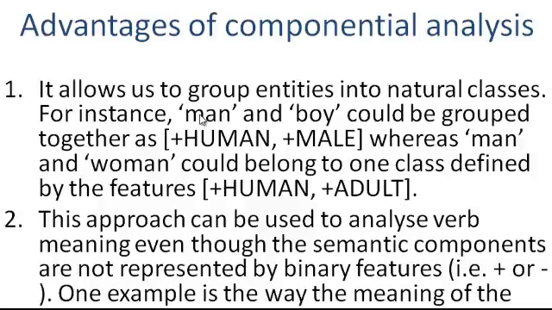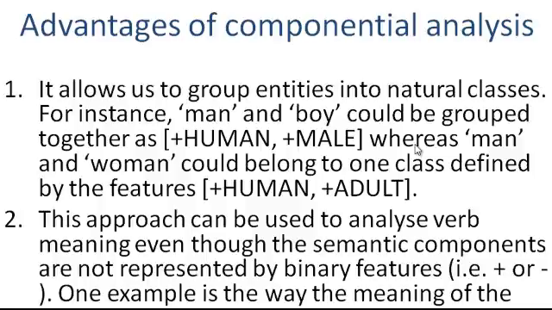But now, looking at the pair man and boy, we considered man as human, we considered boy as human, and we also considered boy as male. So we are able to group man and boy into human and male. And we are also able to group woman and girl into human and plus female.